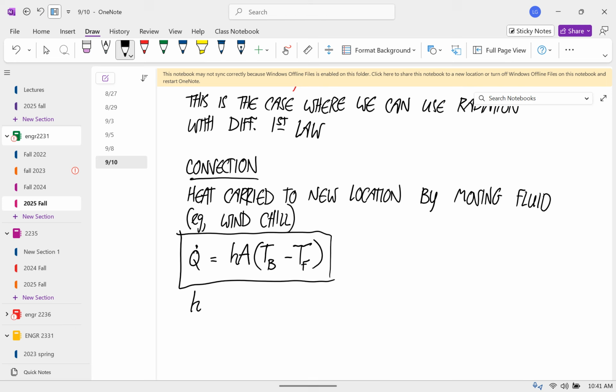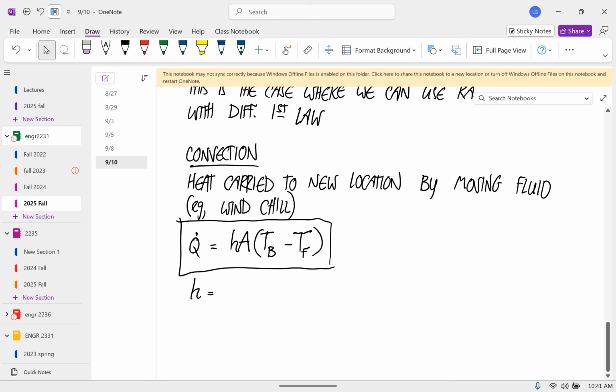H is, so I said that the Stefan-Boltzmann law is a fundamental law of physics. This is not a fundamental law of physics. You can think of this as kind of like a curve fit. This H is just a catch-all constant that is measured experimentally for the specific kind of fluid flow that you're dealing with.